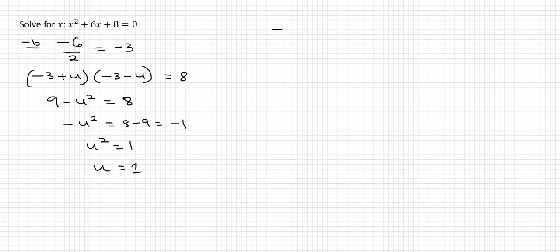So now we have negative 3 plus 1 as one of the values, and another value is going to be negative 3 minus 1. So negative 3 plus 1 gives you negative 2, and negative 3 minus 1 gives you negative 4.